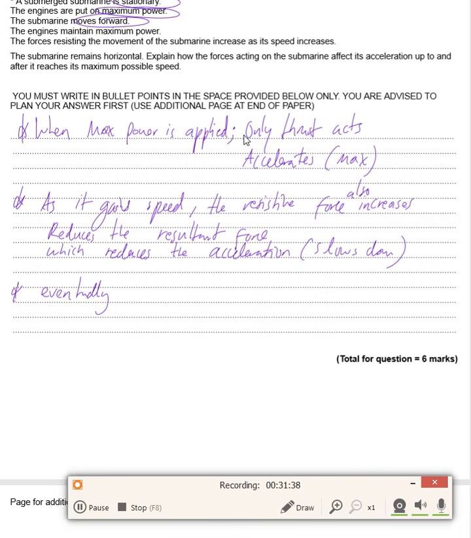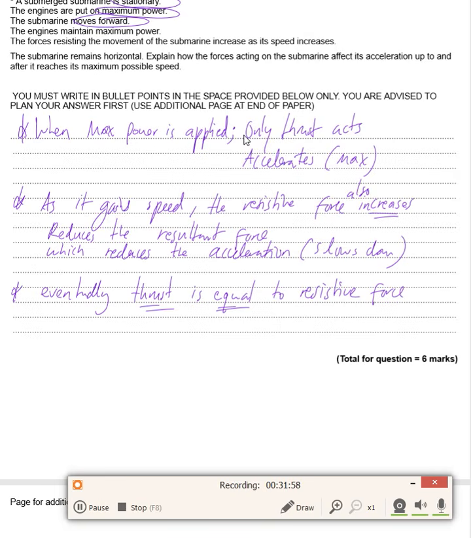Well, what happened? Eventually the thrust is equal to the resistive force. But the resistive force is increasing, so eventually it's going to match up with thrust, so it is equal.